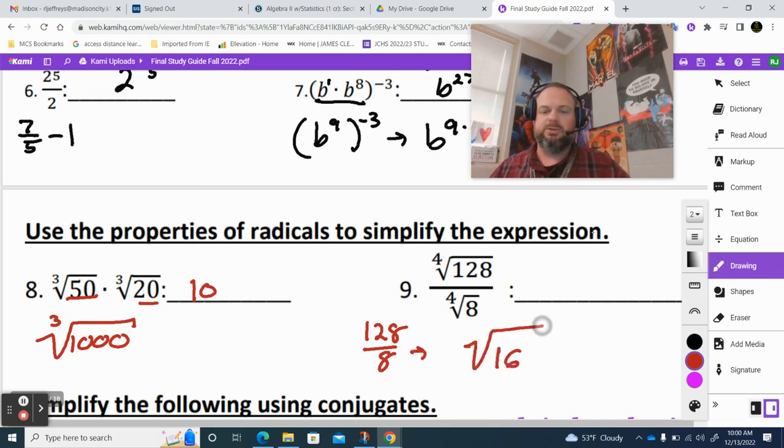So we can take the fourth root of 16, which is 2. On number 8, we actually multiply the 50 and the 20 to get this. You see right here where I have 128 over 8, that means division, and I get 16. So then I just take the fourth root of 16.